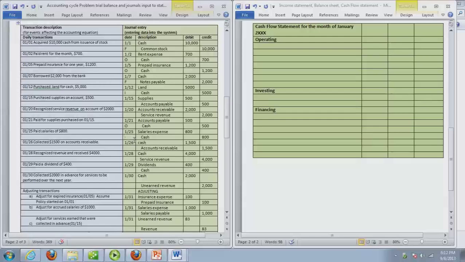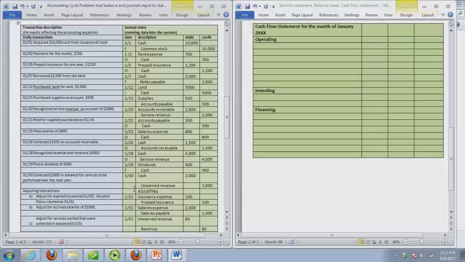Salaries, employees, that's certainly part of the day-to-day running the business, so we're going to put operating for that. Collecting cash on accounts receivable is customers, clearly operating. Cash from service revenue, customers again. Cash paid for dividends. This one is going to actually be under financing, probably because cash from common stock and owners is under financing, so rewarding owners is also put there as return to the owners.